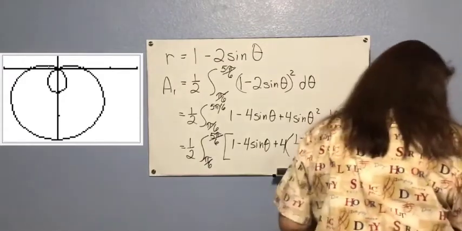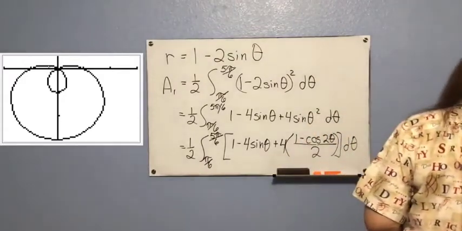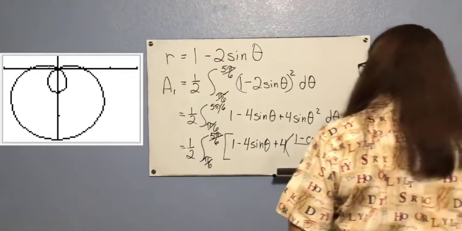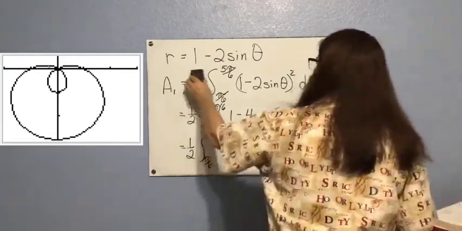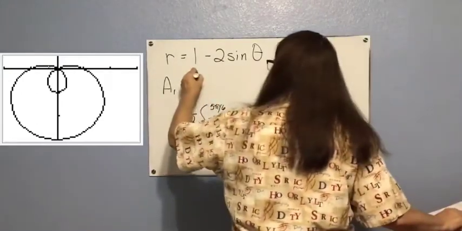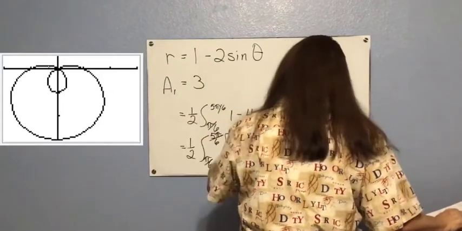So this is our power reducing formula, and now we just need to simplify. This gives us 3, oh, forgot my integral.